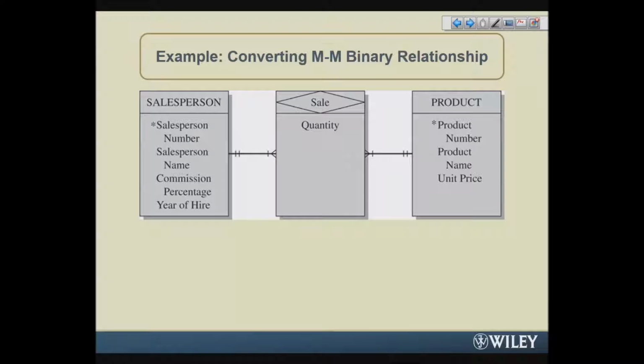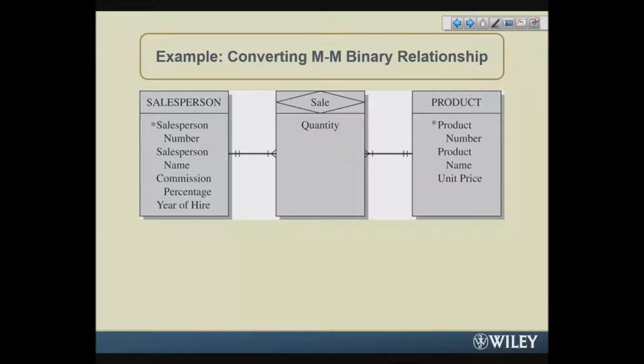And then I need to create the salesperson number in this entity, and the product number I will put here. Both of those two attributes will be my composite primary key. They work as a primary key, or part of a primary key, as well as a foreign key. So is it clear now what we mean by that?